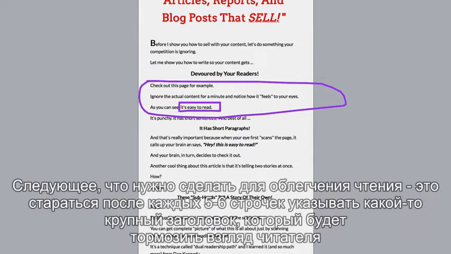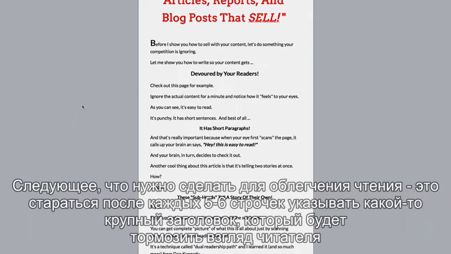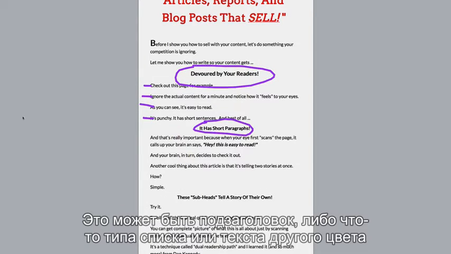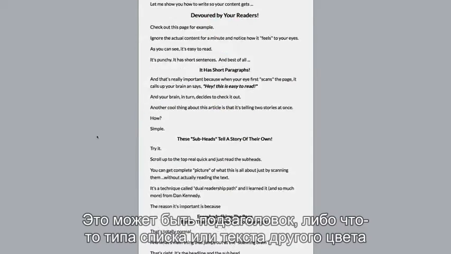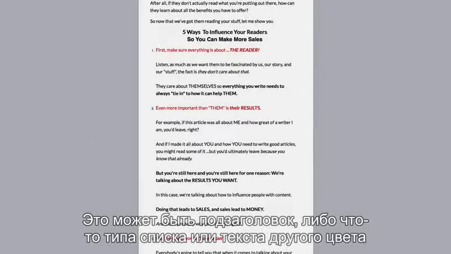Another thing that you want to do in order to make it easy to read is to go no more than like 5 or 6 lines. You'll see text lines. No more than 5 or 6 of these without some major thing to catch the eye. That can be a subhead. It can also be something like a list or a color change.